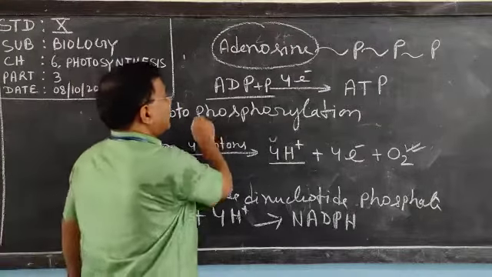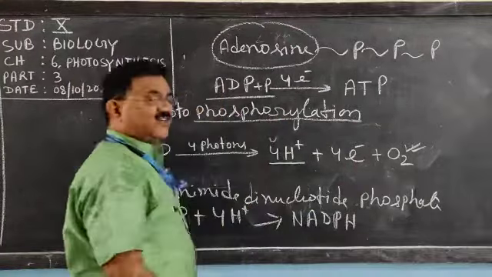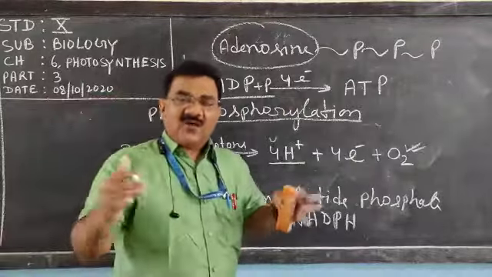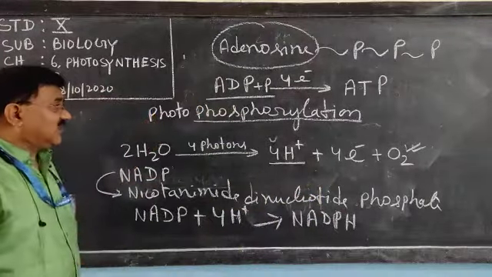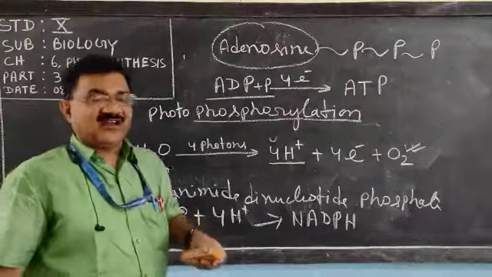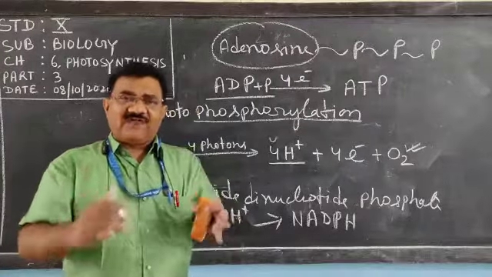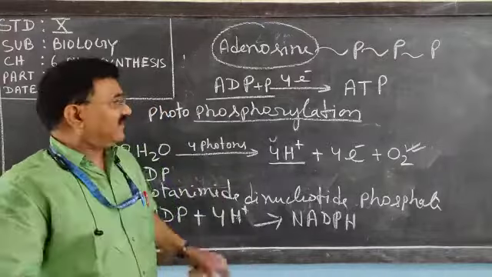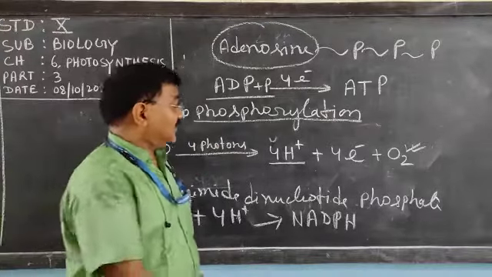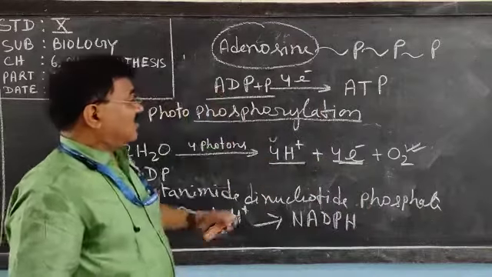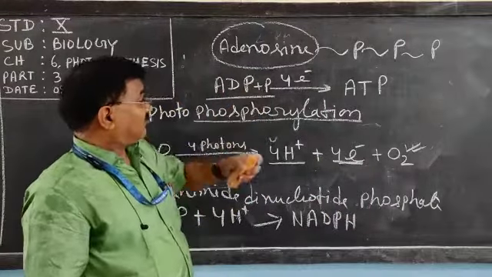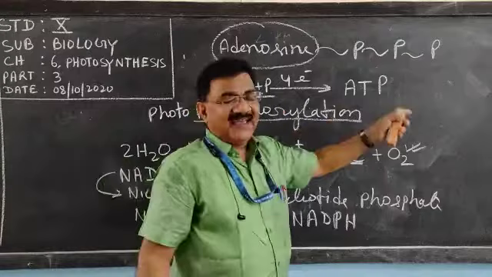If it is asked what you mean by phosphorylation, a reaction in which phosphate is added. And what is photophosphorylation? Addition of phosphate in the presence of light. So this electron is used by ADP to add one more phosphate to become ATP.